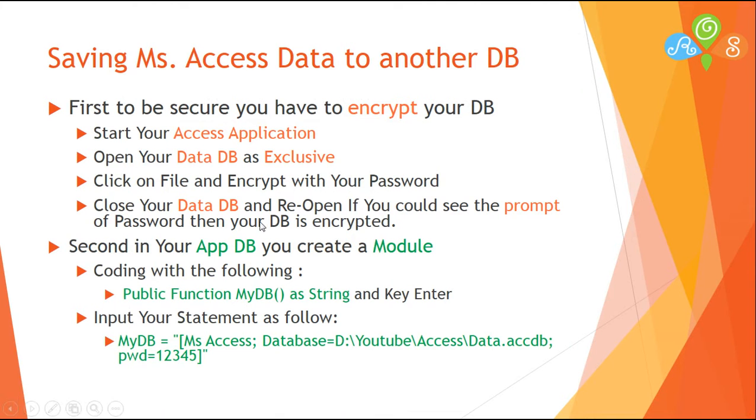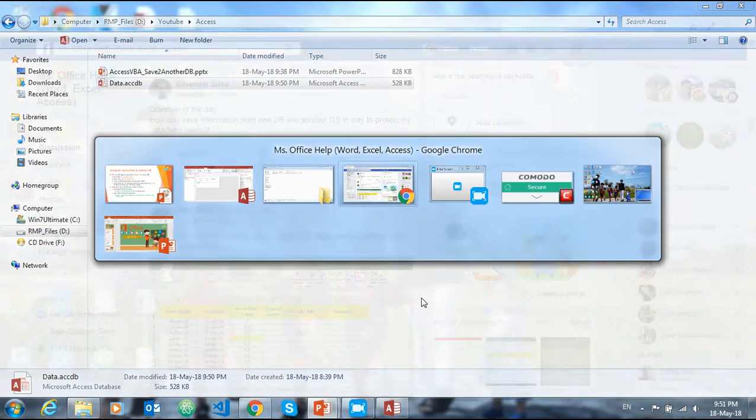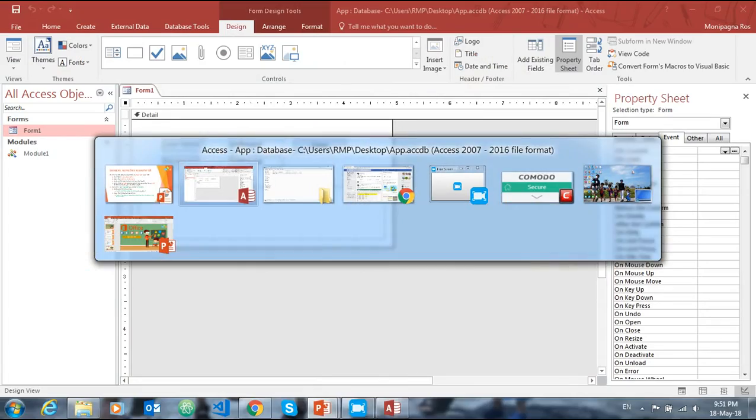Second, in your app DB you create a module. You create a module and code with the following: public function mydb as string, and press enter. So this is the application.